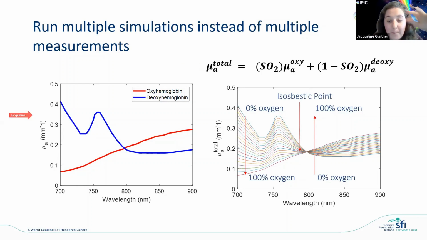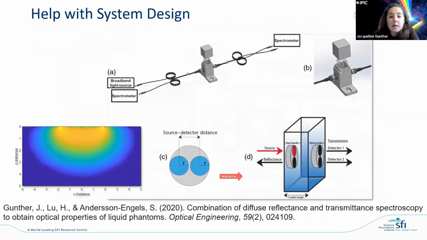I've plotted many here, but essentially it goes from 0% oxygen, this top line, to 100% oxygen, which is this bottom line, and then everything in between in groups of 5. So this could be run fairly quickly on a computer instead of being in the lab all day trying to get the measurements. So that's one way that computer simulations can help us.